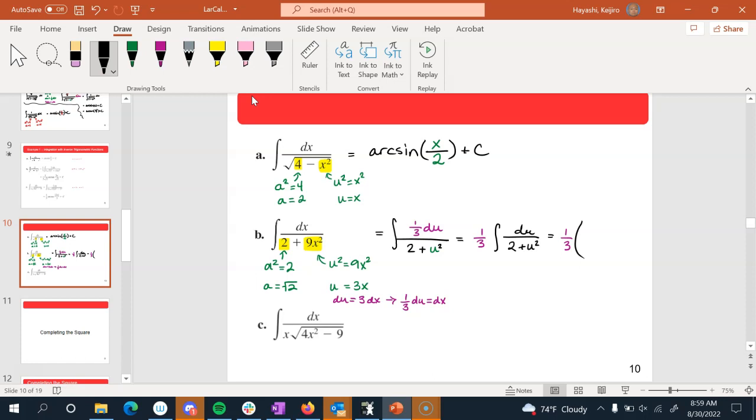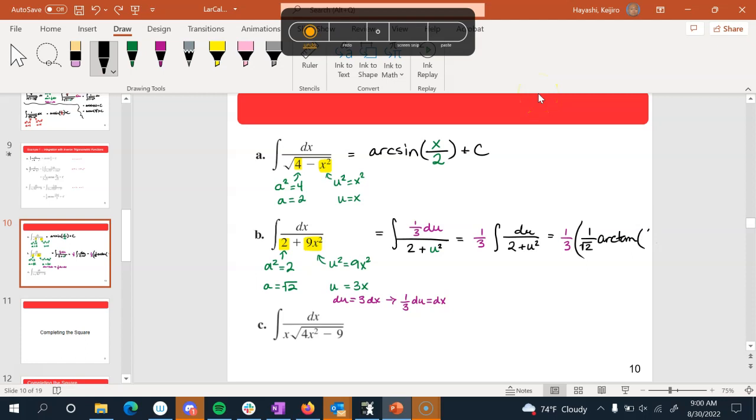So what was a? a was the square root of 2, right? So 1 over the square root of 2 times the arctangent of u over a. And you can write in u over the square root of 2 and then change the u later. Which I guess I will.